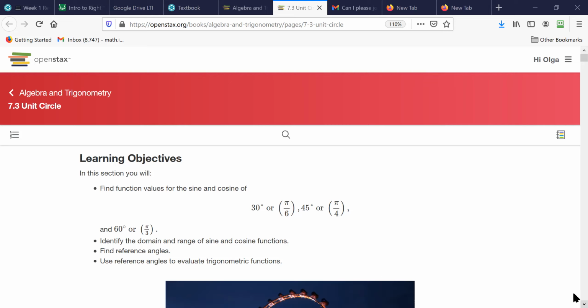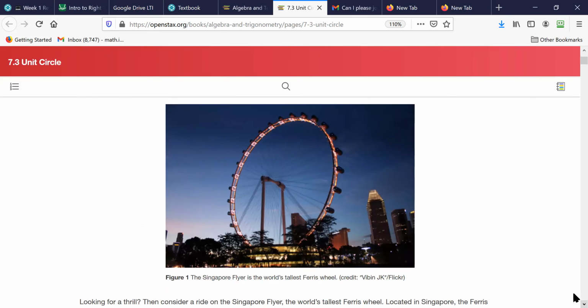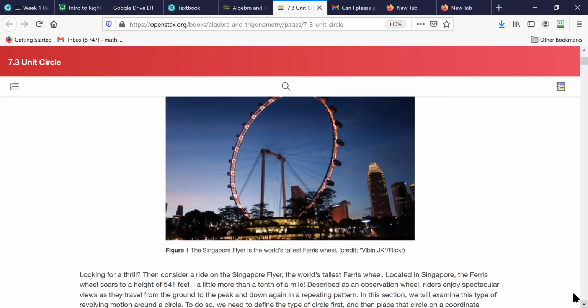All right, so I really like this picture right here, and it says: looking for a thrill, then consider the ride on the Singapore Flyer, the world's tallest Ferris wheel.